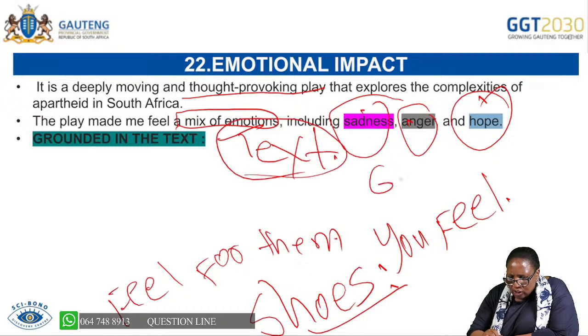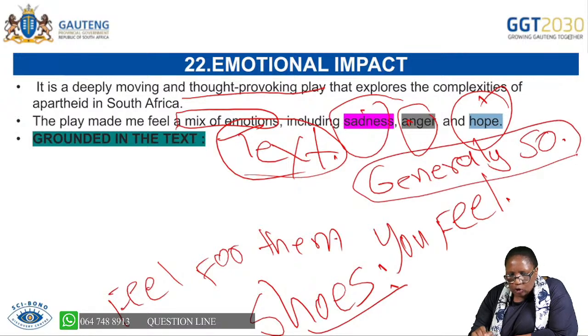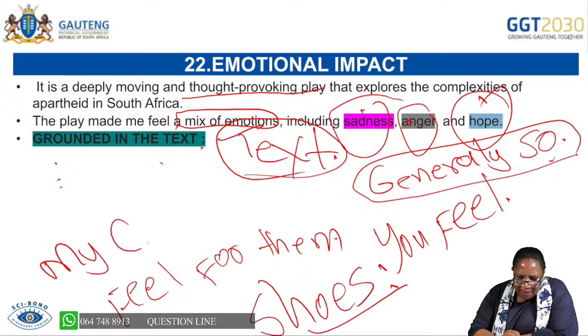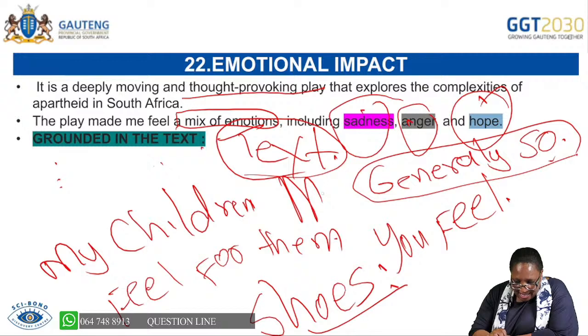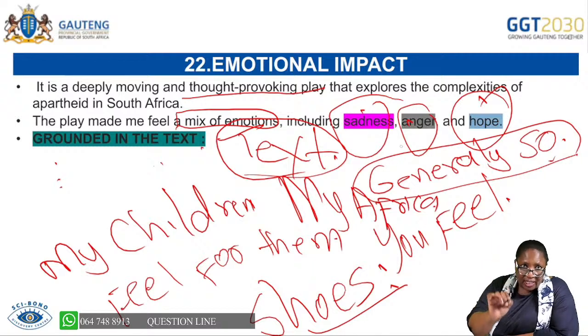Remember, we are not studying just generally, but whatever thought we have should be grounded in the text. Which text am I referring to? The text is My Children, My Africa. It's not My Children, My Africa. It's My Children, My Africa. Right.